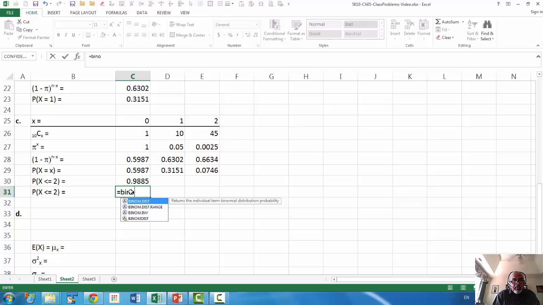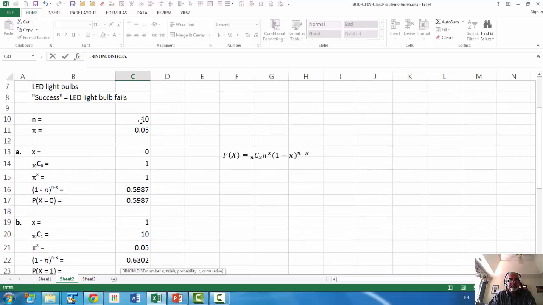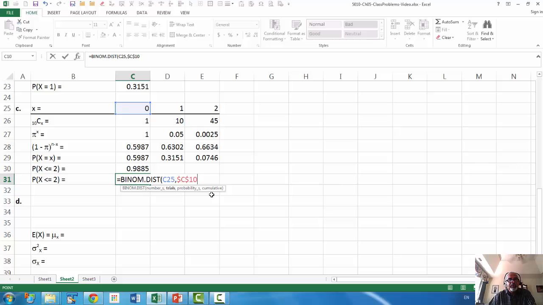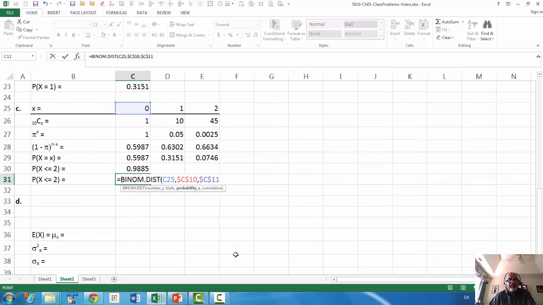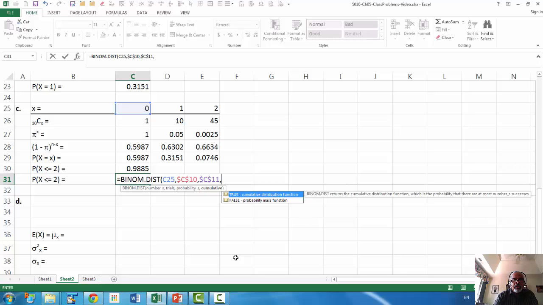So we have binomial distribution. You have number and trials. The number here is that, number of trials is that, so that should be absolute referenced. And probability of success, that's that, again that should be absolute referenced. If you want individual probability, then you put 0. If you want cumulative probability, you put 1, true or false.